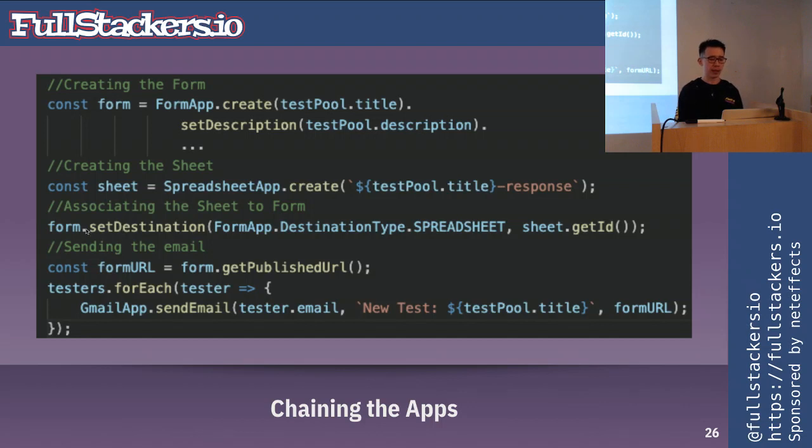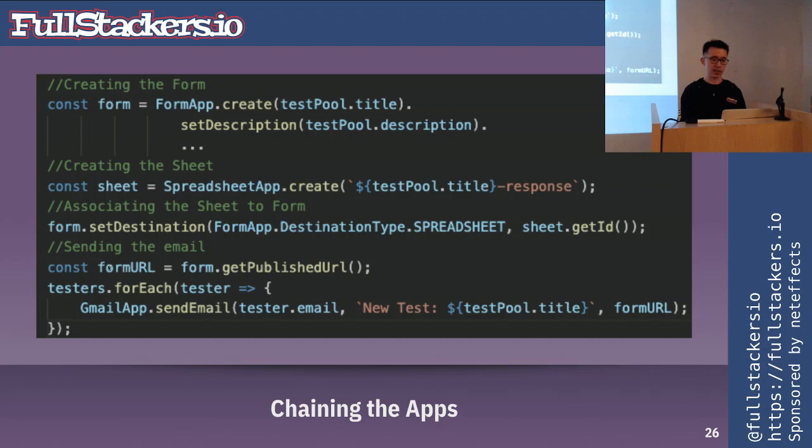And then I just need to associate this sheet as the output destination. I just need to call form.setDestination, set the type to be spreadsheet, and then grab the sheet's handle and feed it into this function, and then this associates the two of them.